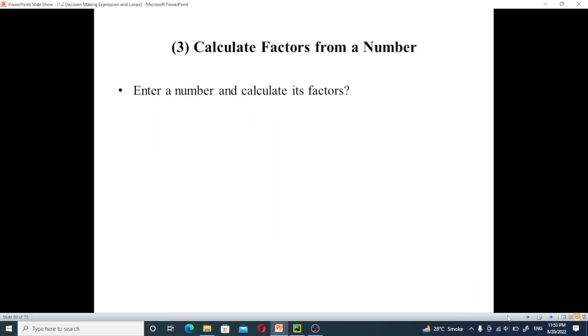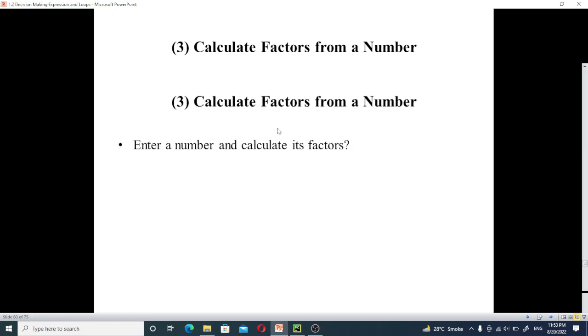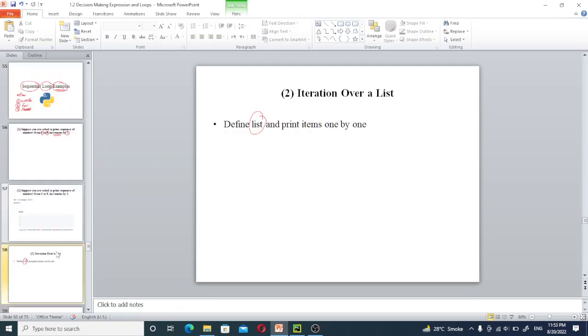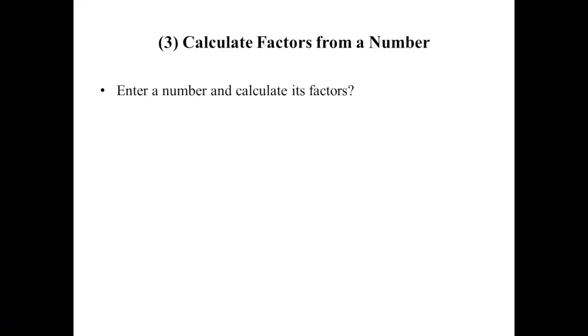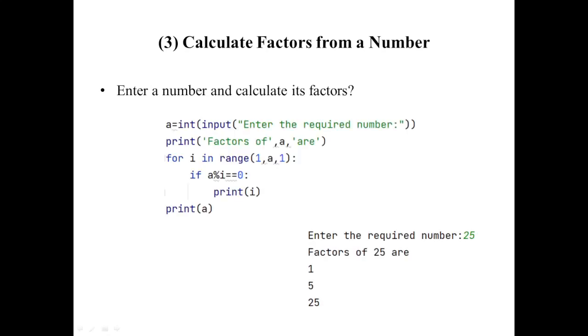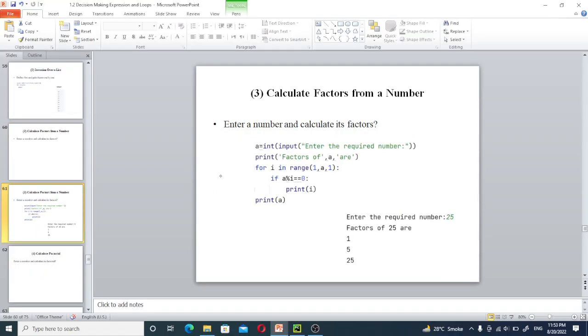Let us move to the other example. Here we will enter a number and calculate the factors of this number. How will this program work? We are going to print the factors of a number. So how do we calculate the factors? First of all, we will enter a number, then we will use a for loop, and each time we enter the loop we will check the entry.